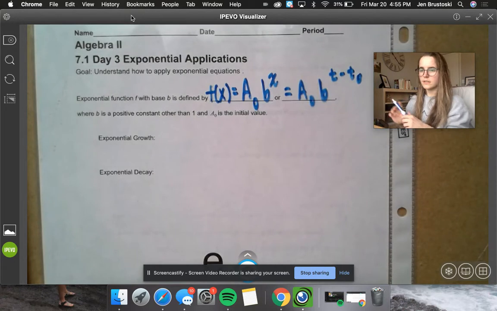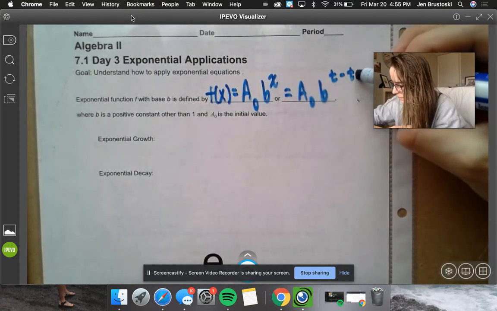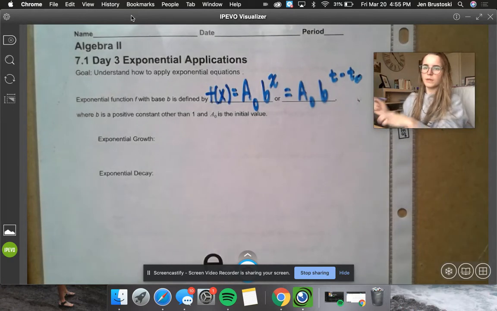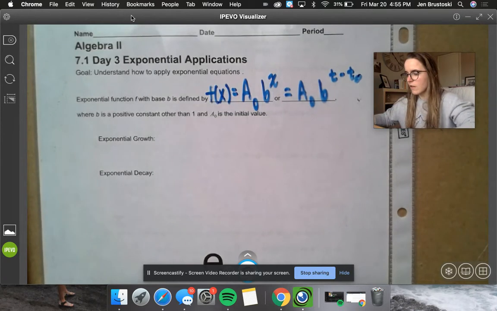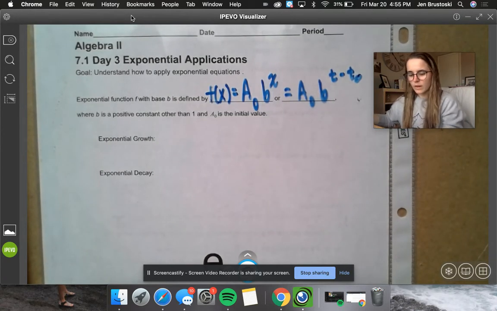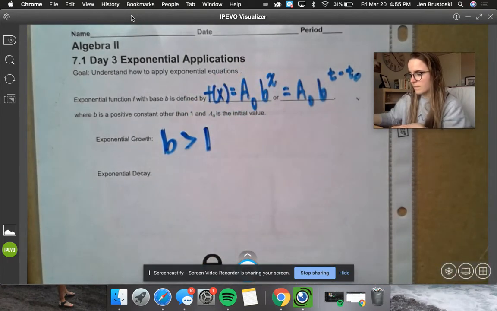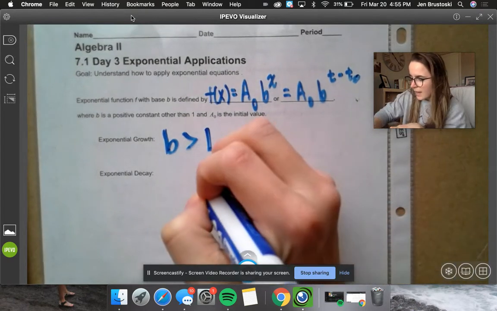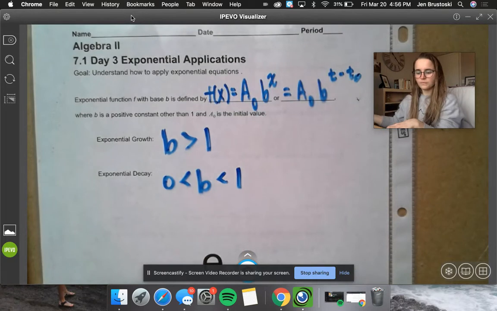Hopefully you can see that. That's a sub 0. I'm having a hard time making it small enough because I only have these big markers. We already know that b is a positive constant other than 1, and a sub 0 is the initial value. We're in exponential growth when b is greater than 1, and we're in decay when b is between 0 and 1.